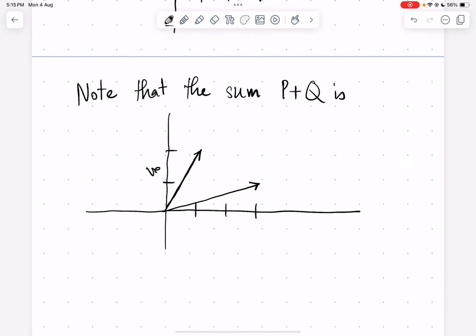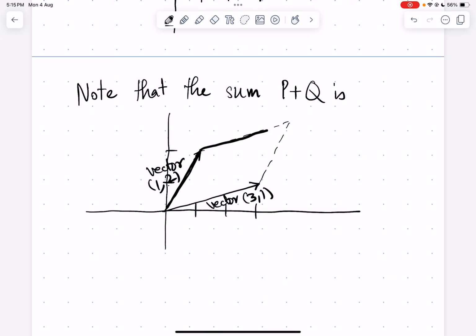So this vector is 1 comma 2, and this vector is 3 comma 1, and you can complete the parallelogram to get the sum of these two vectors.